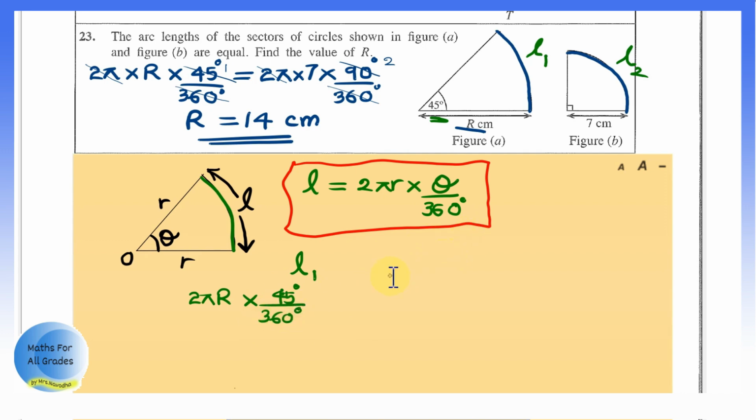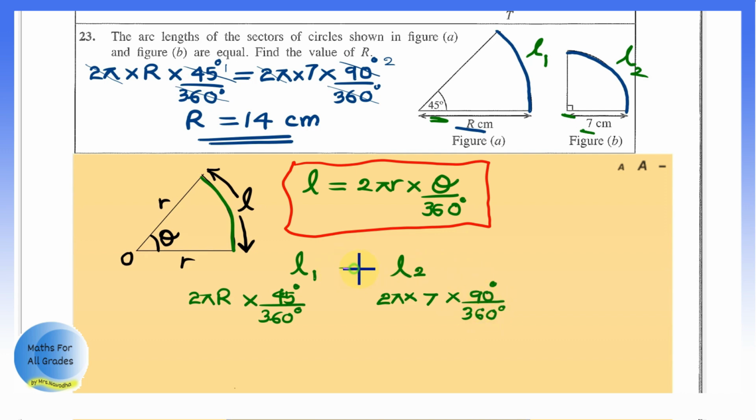Now let's write down the formula for L2. Here the angle is 90 degrees, radius is 7 centimeters. So 2 pi times 7 centimeters, 90 degrees out of 360 degrees.